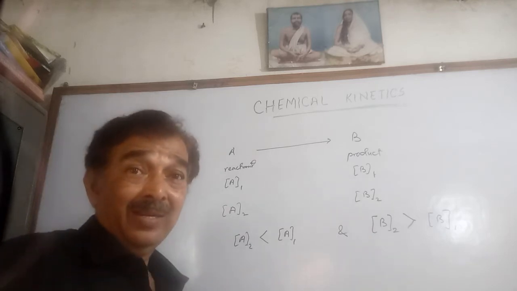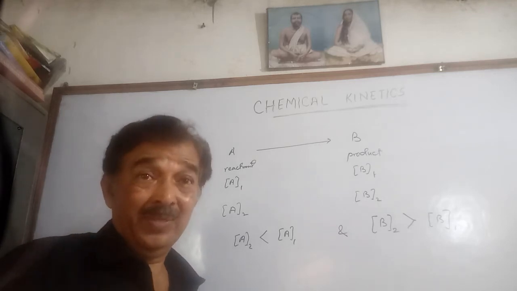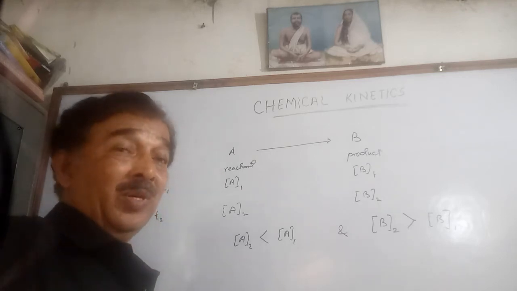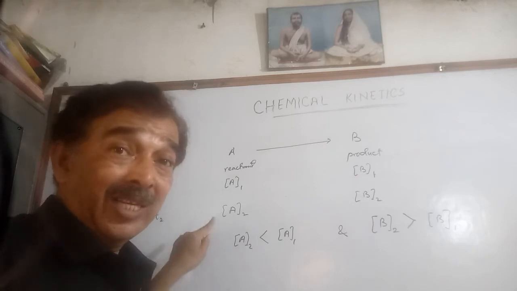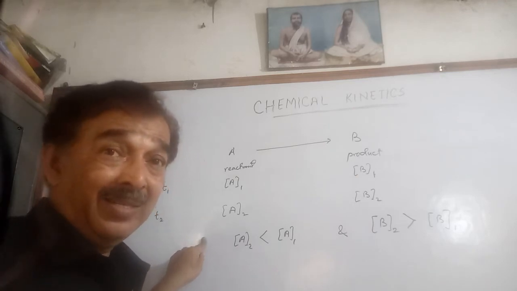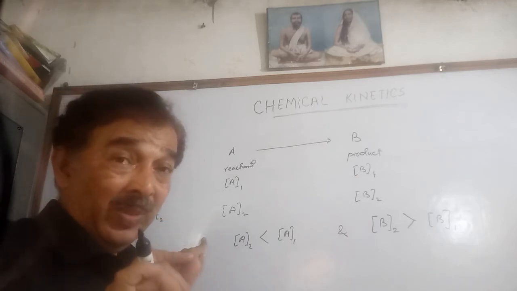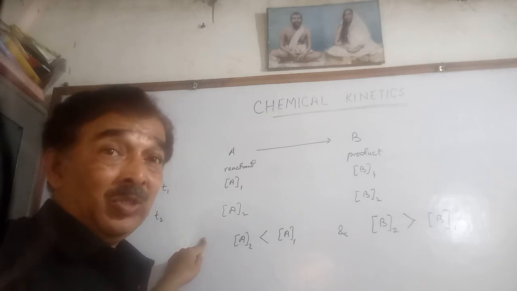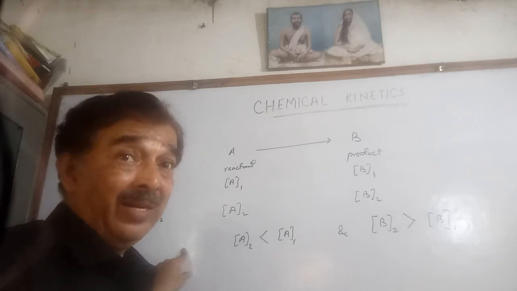But a reaction rate is always positive. So when reaction rate is expressed in terms of a reactant, a minus sign should be given in the formula to make the reaction rate positive.